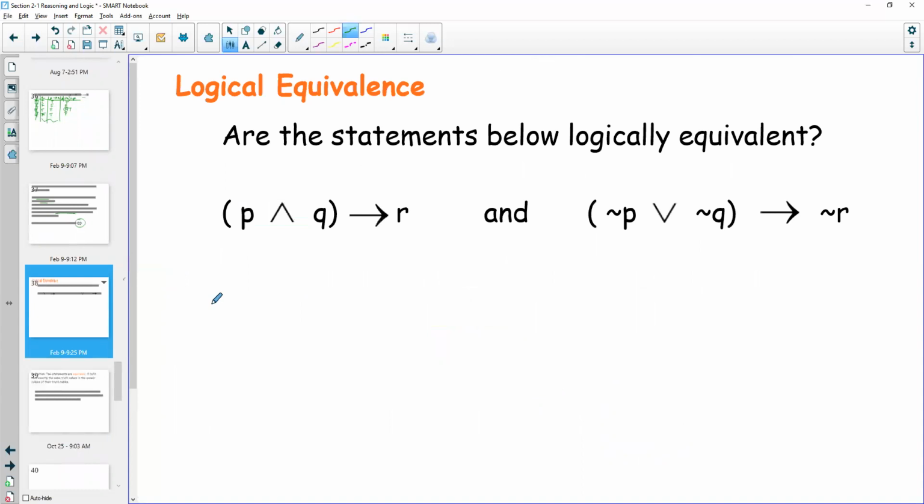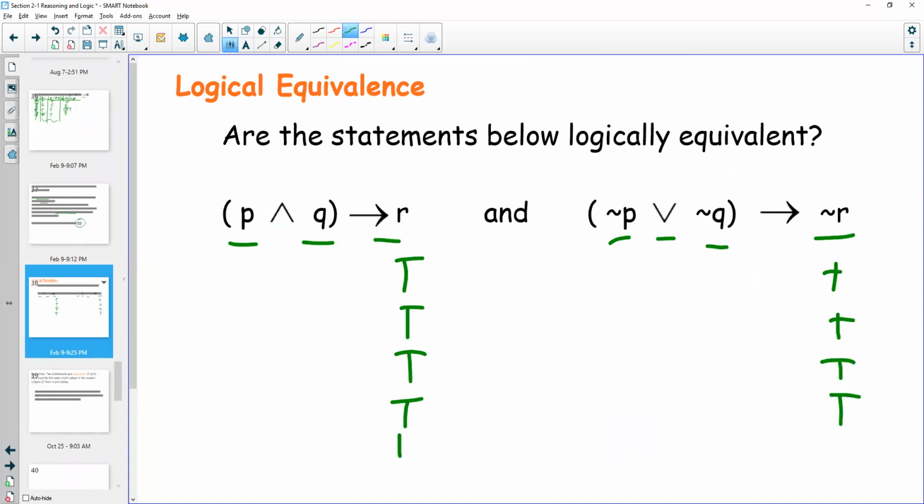If I tested out the truth values of P and Q, then R, or not P or not Q, then not R, we could test all the way through and find out that the set of values I get here, I'm going to end up with 4 trues. Here, I'm also going to end up with all trues.